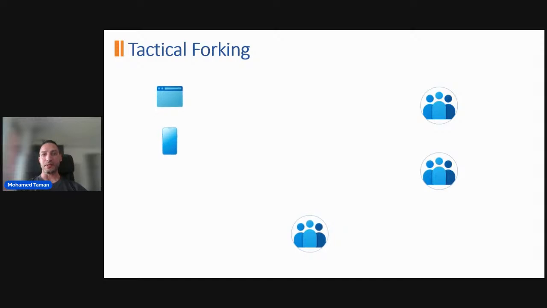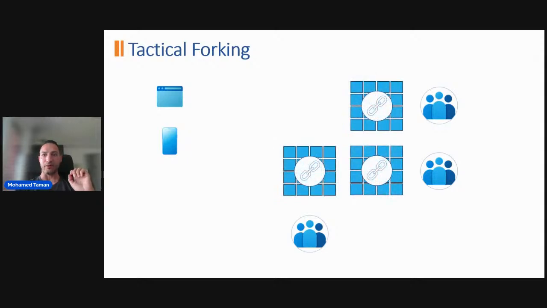The good news is that this is where tactical forking becomes an option. It becomes an alternative approach and strategy that you can use to grow your software and your team. This approach involves giving a copy of the entire code to each of your teams and having some routing mechanism that routes all the incoming requests to different parts of your applications.